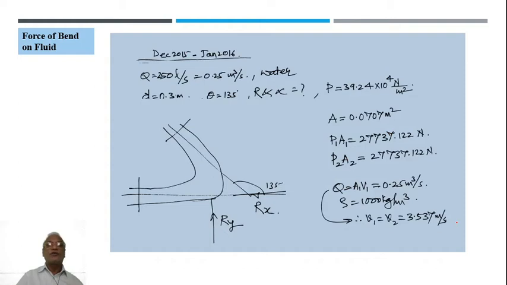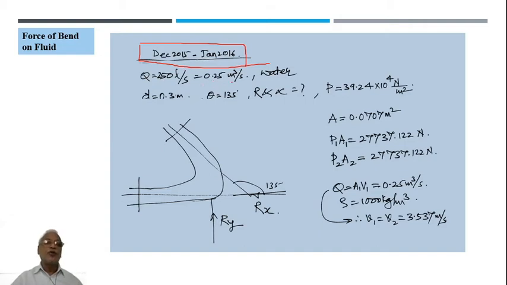I don't know how much you have understood. Hope in this problem everything will be more clear. We'll go for this. This is a problem from a question paper. What is given is the discharge, 250 liters per second, but we want it in meter cube per second.